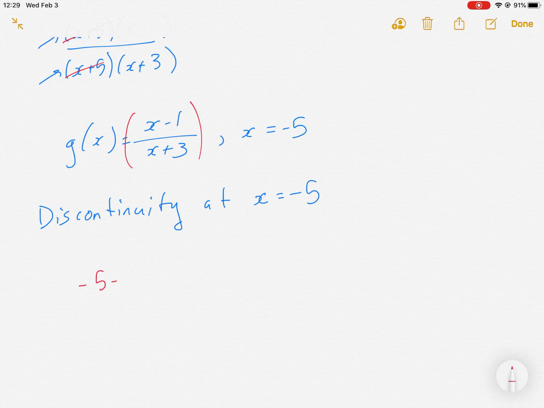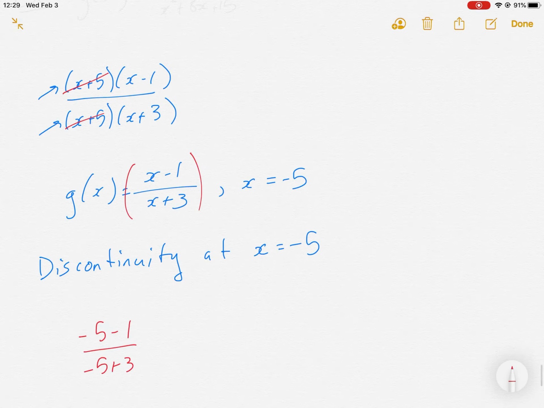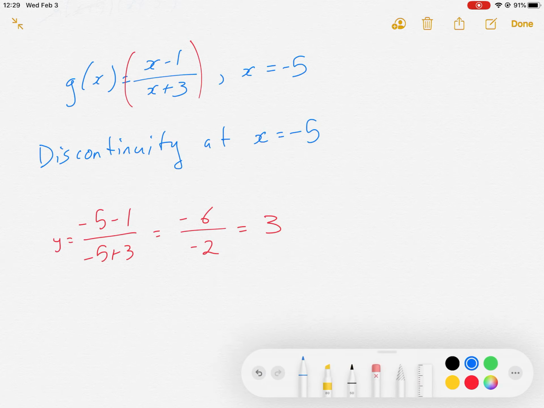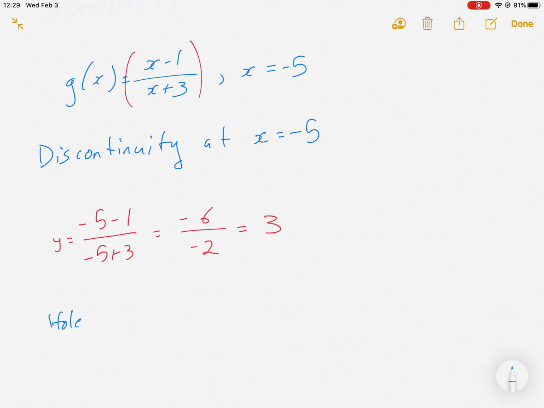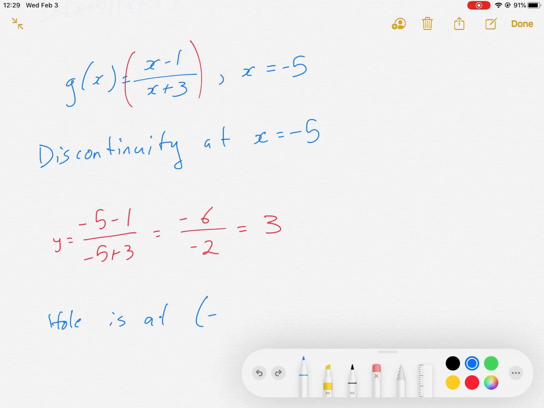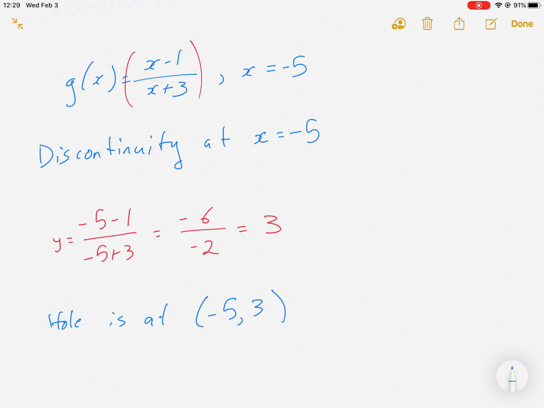We take this function here and plug negative 5 in. Notice this is after I canceled out the x plus 5, because if I plug it in before that, I'll end up with 0 over 0, and that's no good. We don't want 0 over 0, that's undefined. So I end up with negative 6 over negative 2, which is in fact 3. And so that tells me that the hole in the graph is at negative 5, 3.